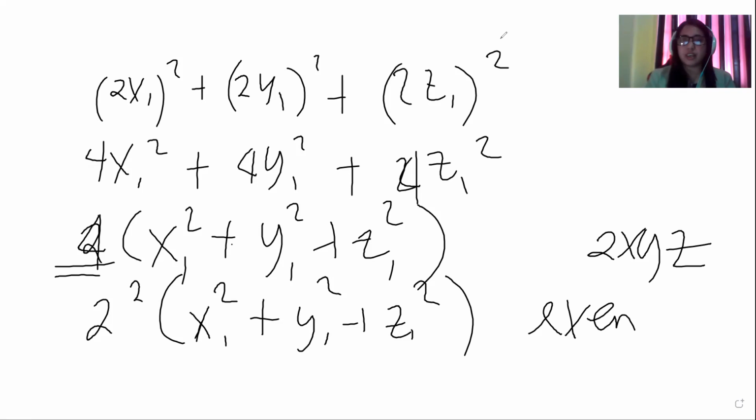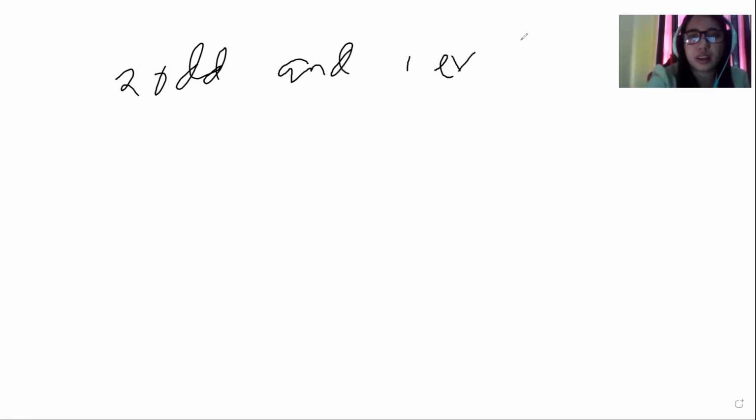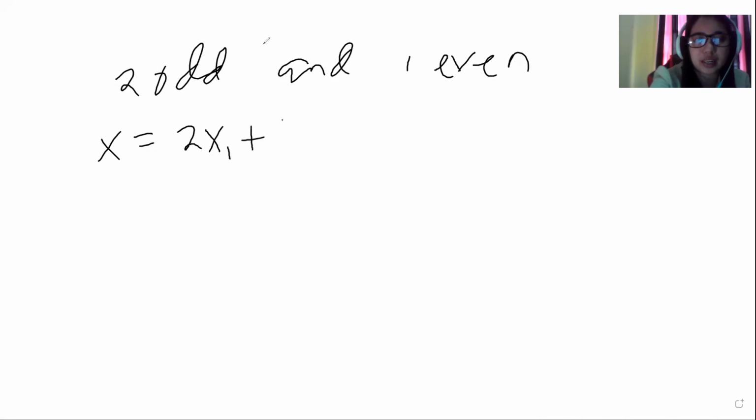Now let us consider the second case. What if we have two odd integers and one even? Odd is represented as 2x sub 1 plus 1.